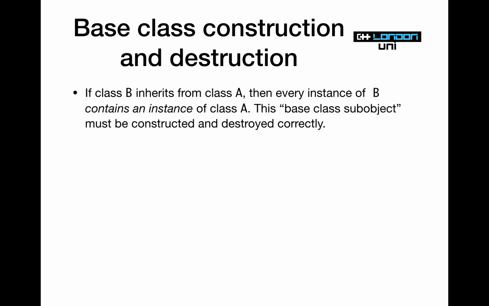So our memory layout for our struct derived is going to look something like this. It's going to have an i, and it's going to have an f, because it has those members.